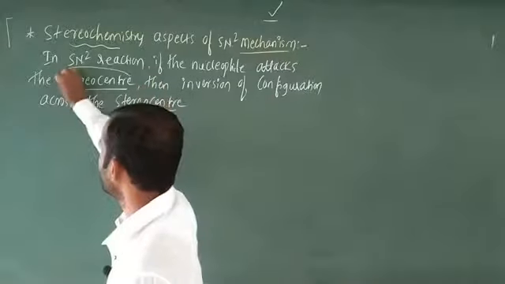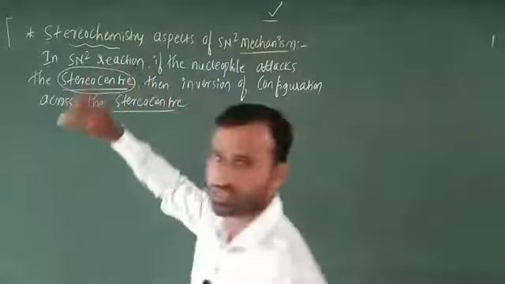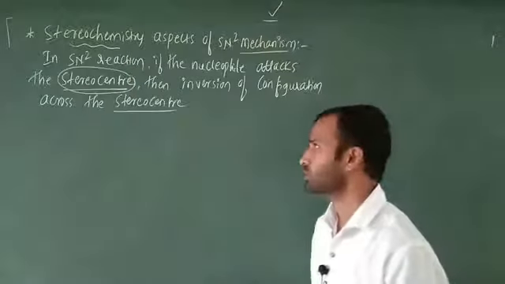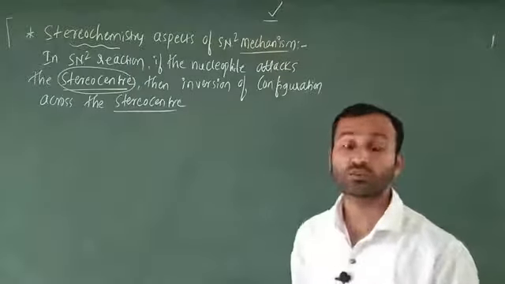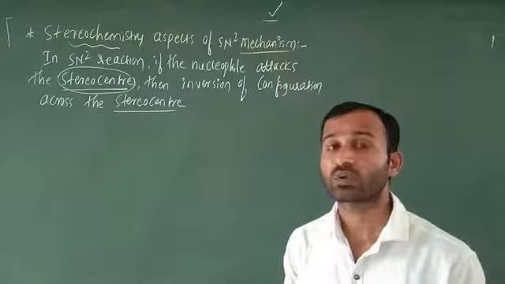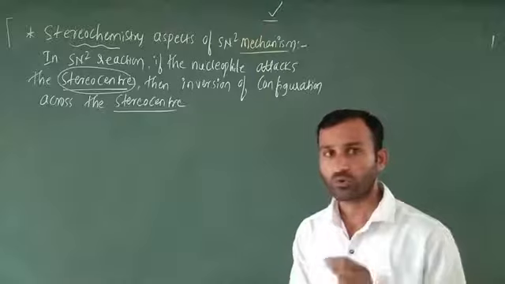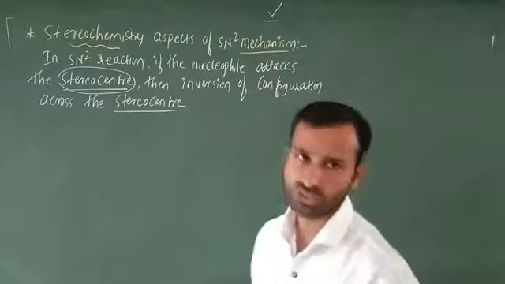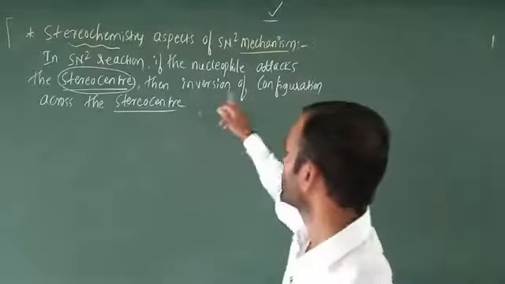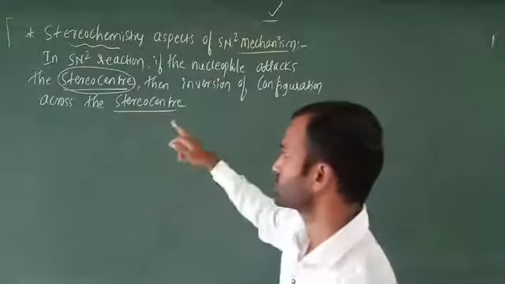A stereocenter is a carbon containing 4 different groups. I repeat, a carbon containing 4 different groups is called a stereocenter. Then there is inversion of the configuration across the stereocenter.